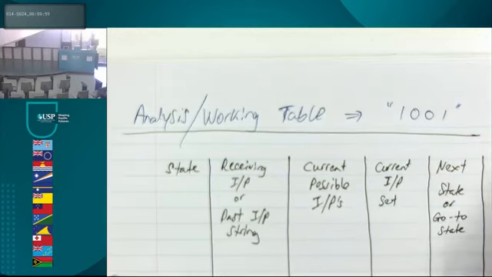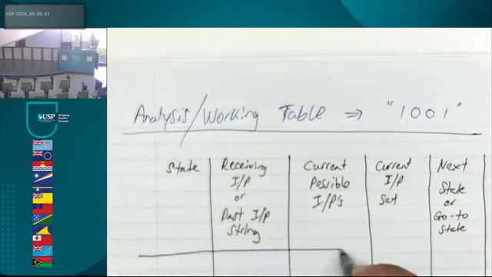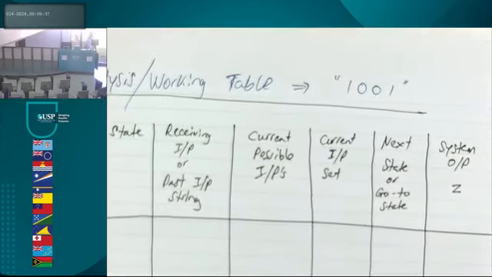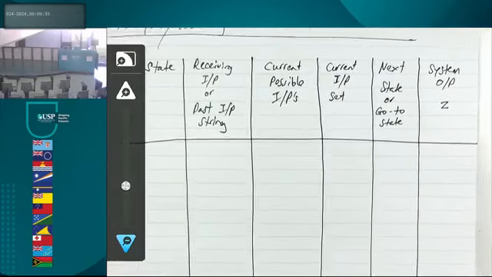And this is the system output. Let's call it Z. Receiving input, current possible input. So this is the table which I have here. This is only to show you step by step how this thing works.